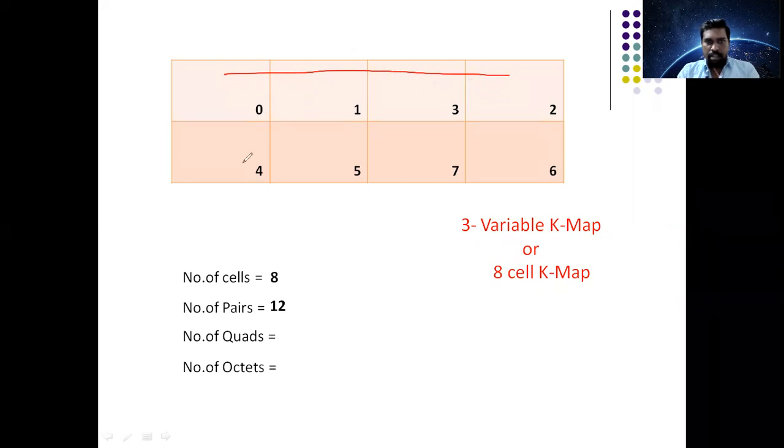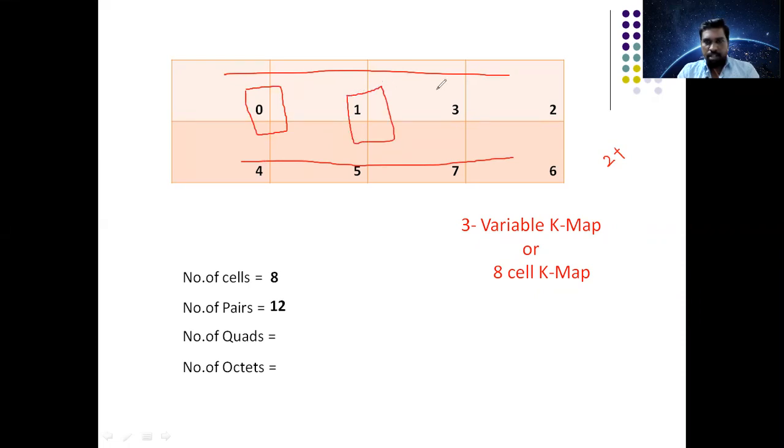Likewise, all the 4 cells present in the second row also act as a quad. 4, 5, 7, 6. So the first row entirely can be called one quad. Likewise, the second row also can act as a quad. So 2 quads are there. Plus 0, 1, 5, 4. It will be one quad. 1, 5, 7, 3.